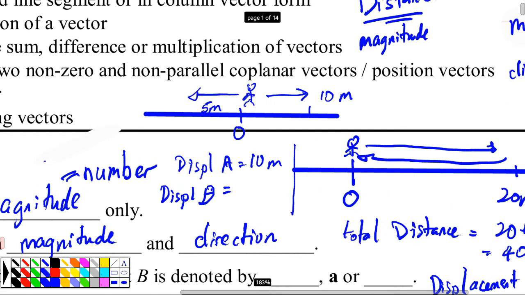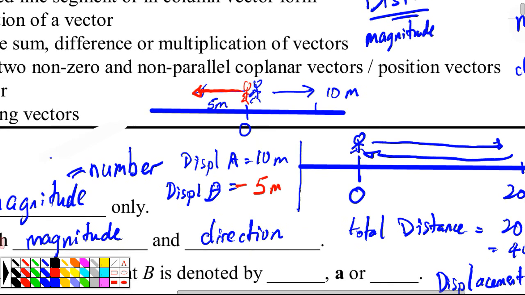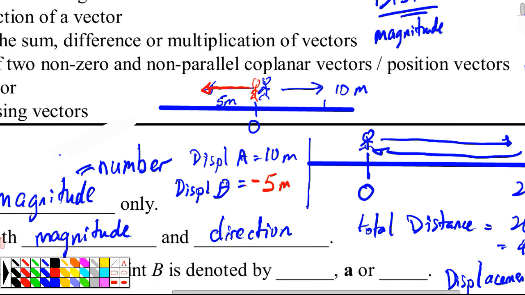So I have another person here that walks 5 meters in the other direction. It seems like it's a different direction, right? So how do I indicate that it is different? We use a negative sign. What does the negative mean? The negative means just the opposite direction.